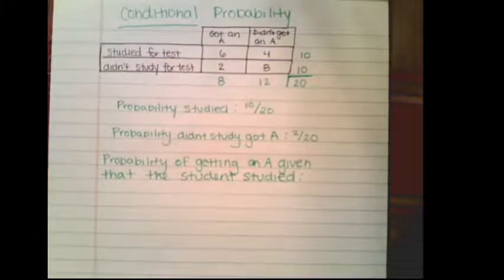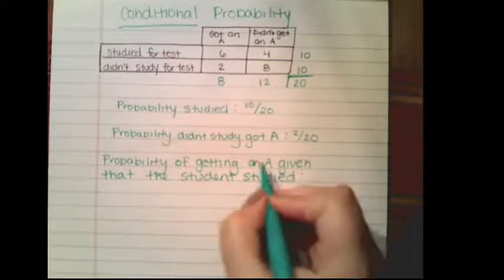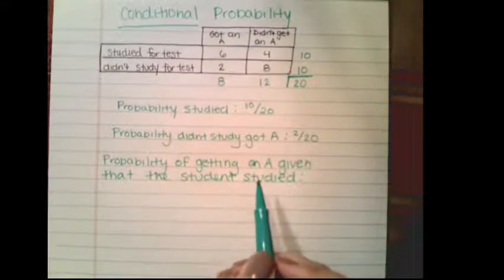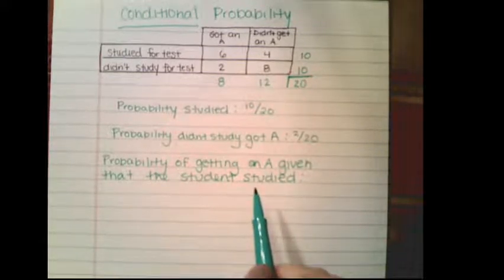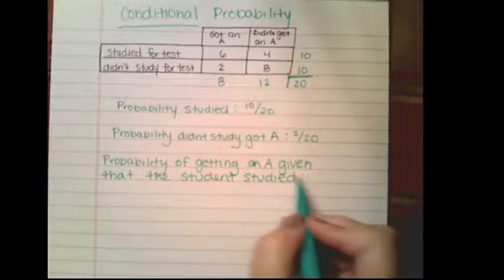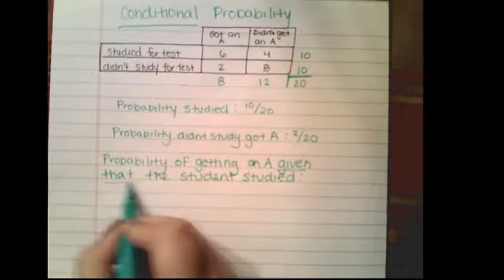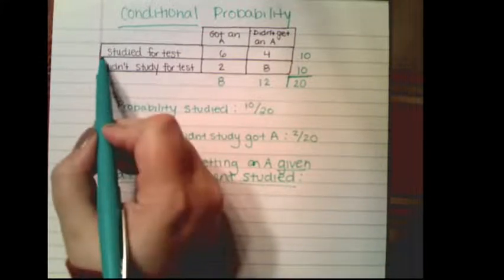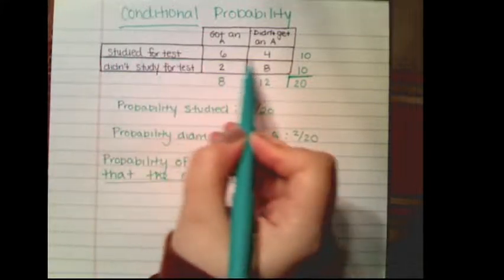So what this is asking is we're limiting our probability. So we are given that the student studied. That means we are just looking at this group of students here, the people who studied.